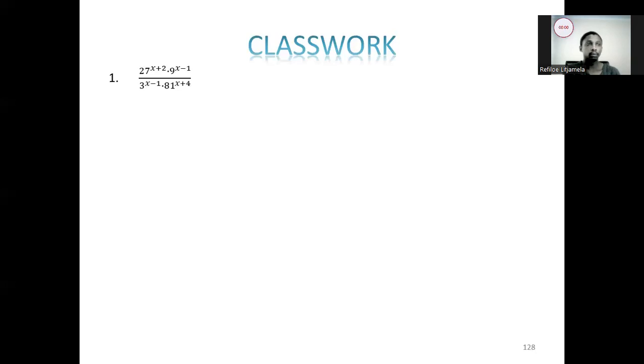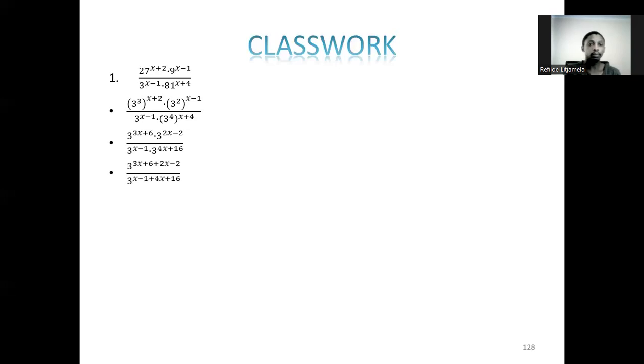All right, time's up. Prime factorize 27, prime factorize 9, prime factorize 81. You will get that. Same bases, add the exponents. Add or subtract like terms, and then take the denominator exponent, minus it from the numerator exponent.